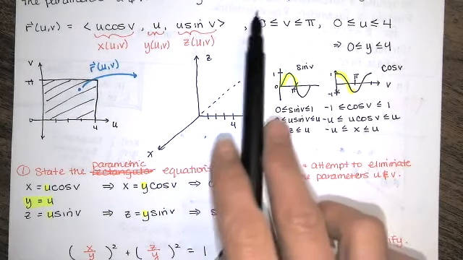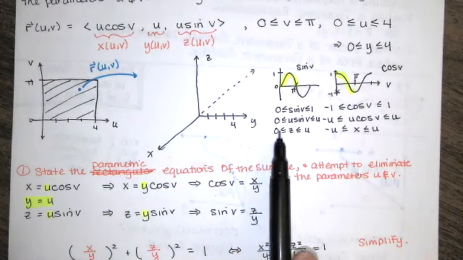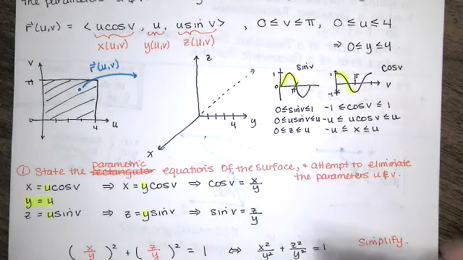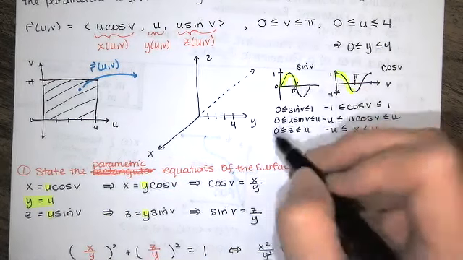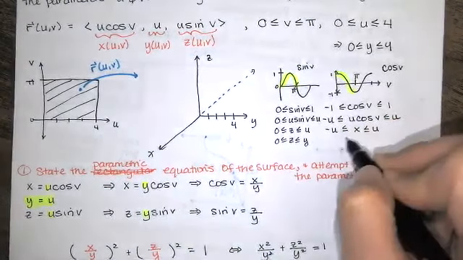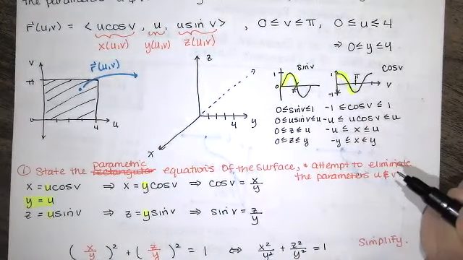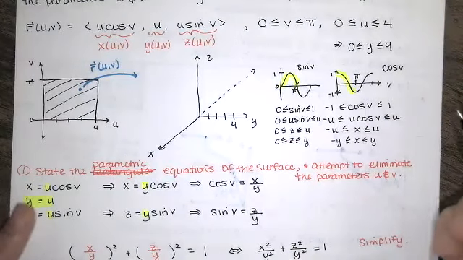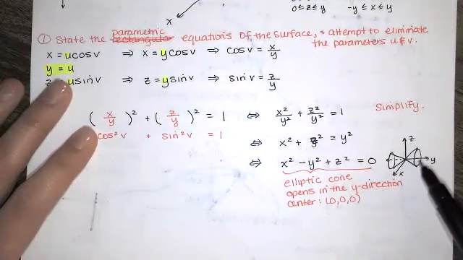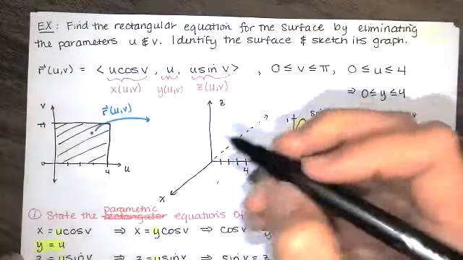And then this range of values tells us that z goes from 0 to u, and remember u is y. So z goes from 0 to y, and x goes from negative y to y. What does that mean? That means we don't get the whole cone, we just get that top half of the cone. We get the part of the cone that lies above the xy plane.